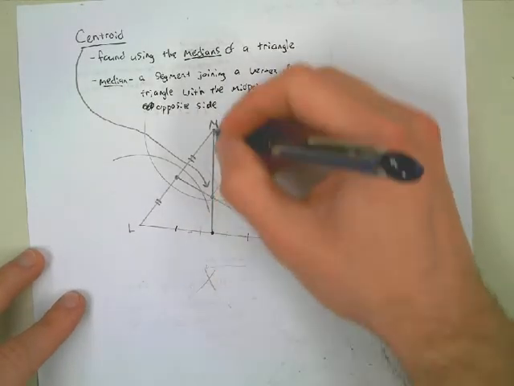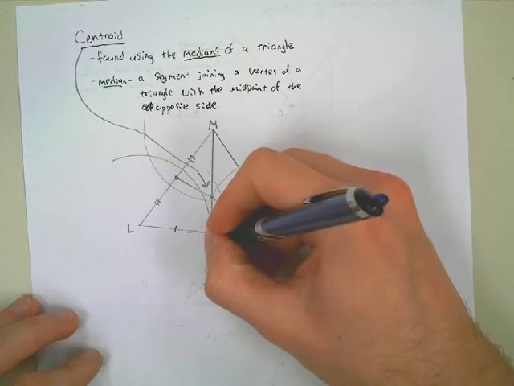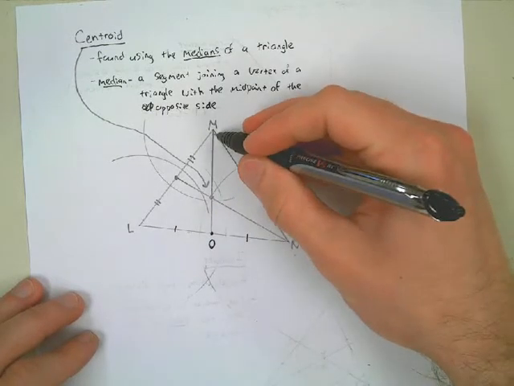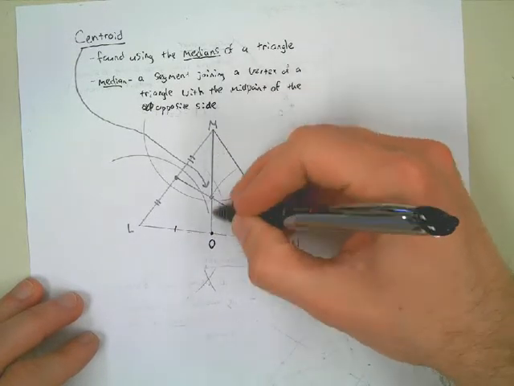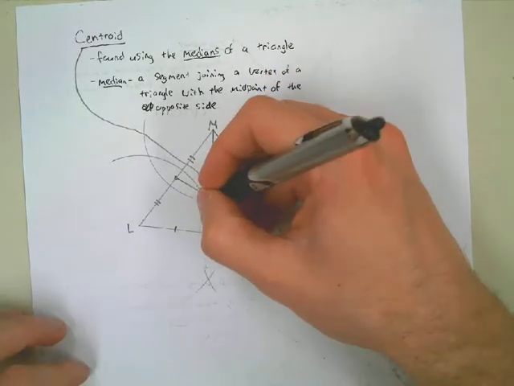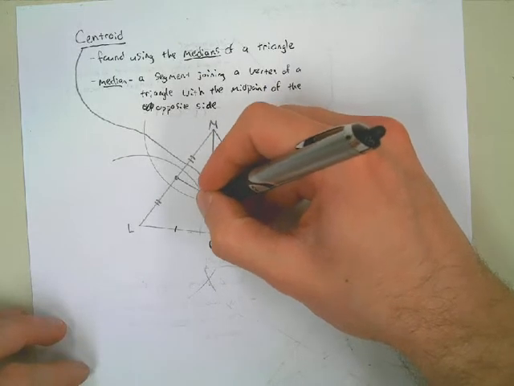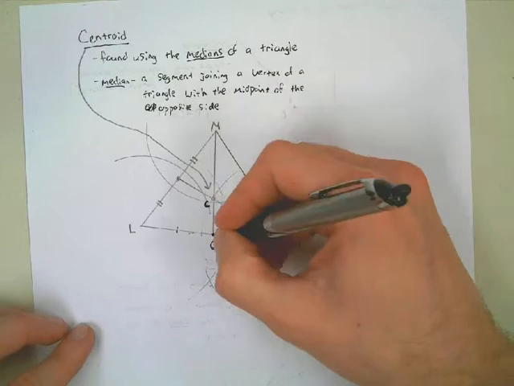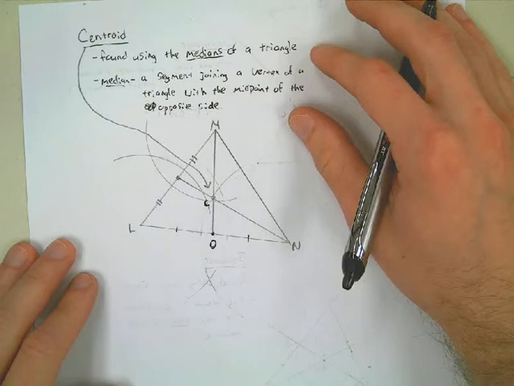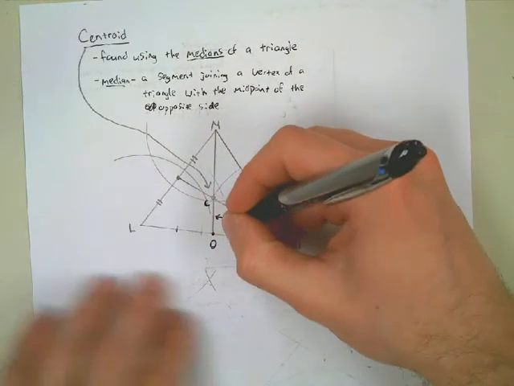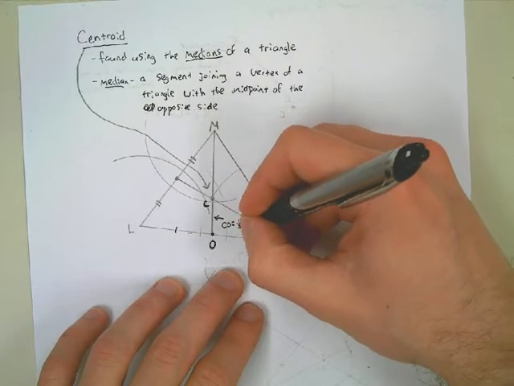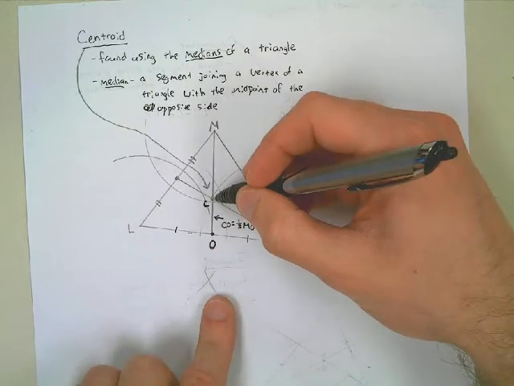I'm going to name this midpoint O, and we'll call the centroid C. Now, this length right here, CO, is equal to 1/3 of MO. So this length from C to O is 1/3 the length of the full median.